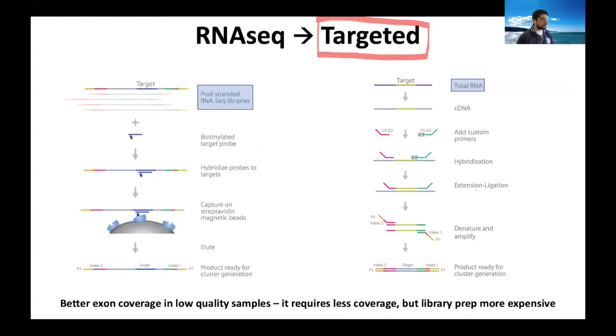So what we're doing is preparing a library from total RNA, and mixing our total RNA library preparation with biotin-related targeted probes, and the probes are then hybridized to our target molecules. And the streptavidin, which binds biotin-related probes, is able to create this ternary complex of my target RNA, my biotin-related probe, and magnetic streptavidin beads. And now I'm able to enrich for my sample of interest.